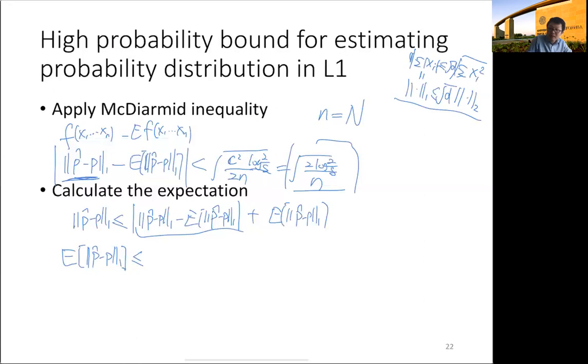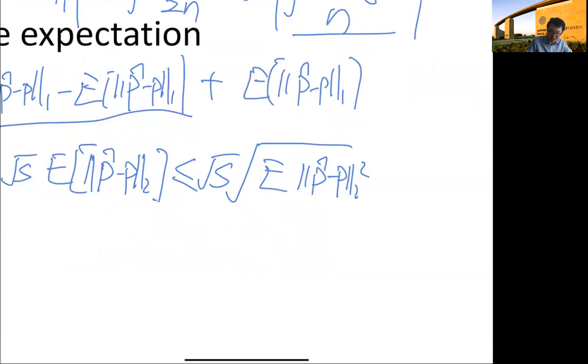So what's d here? d is the size of the state space because this is a probability distribution defined on the state space. So this gives us the square root of S times the expected value of p hat minus p, 2 norm. Now let's apply Jensen's inequality, or Cauchy-Schwarz in this case, again, because the square root inside the expectation is something that I don't quite like.